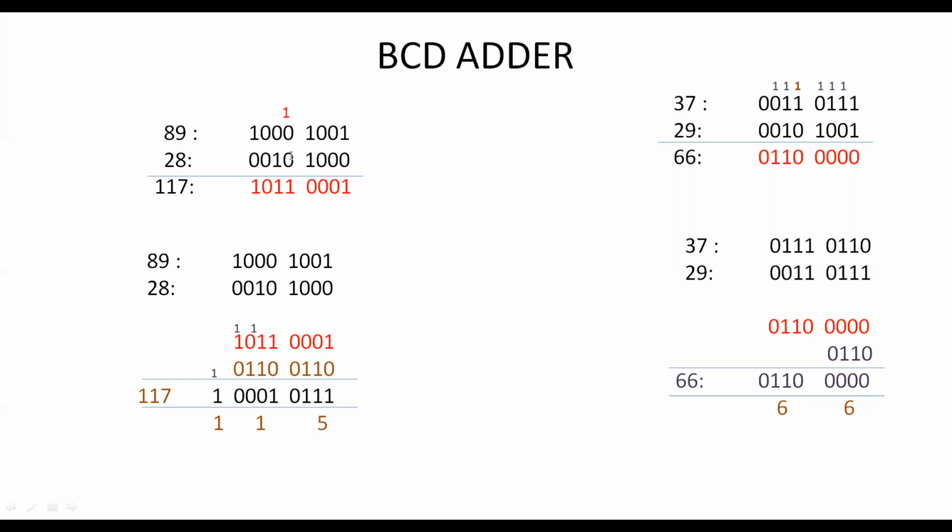Now this carry 1 plus 0 1 1 0 1. Now if you verify the result 1011, this is not a valid BCD number. But if you observe the first 4 bits, 0001, this appears like a valid BCD, but a carry is generated.